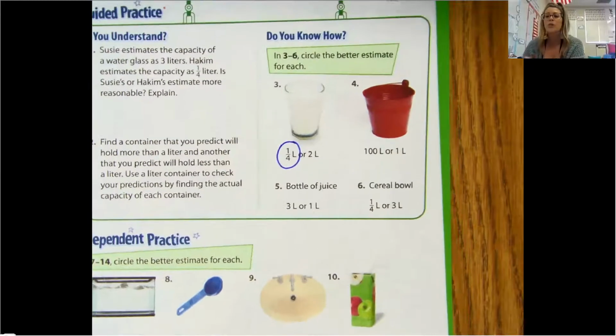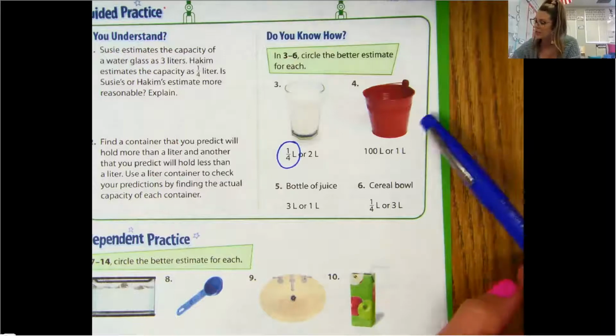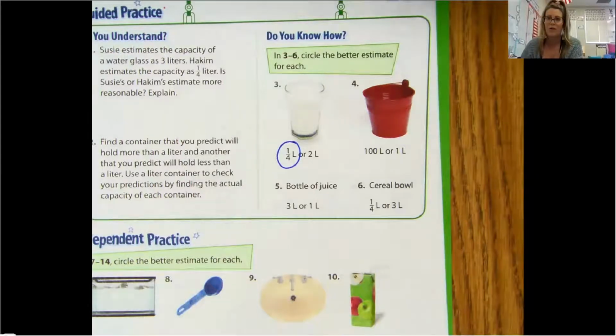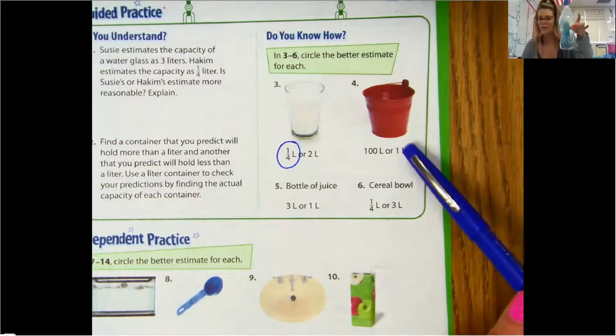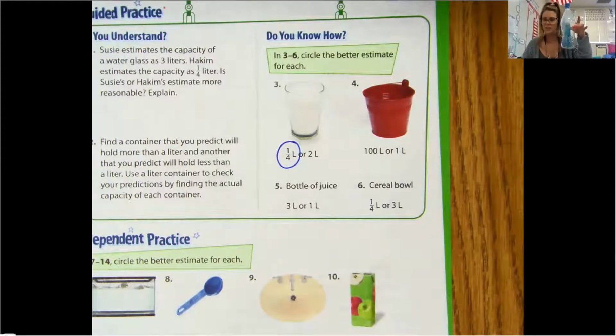Okay, and remember, we're just doing our best estimate, our best guess. So now it looks like we've got a metal pail. Would it take 100 of these to fill up this metal pail, or just 1 of these? What do you think? And I'm going to give you a hint. It's not a very big pail.